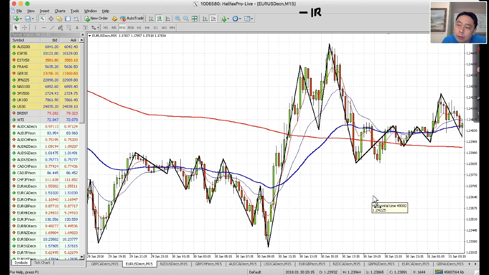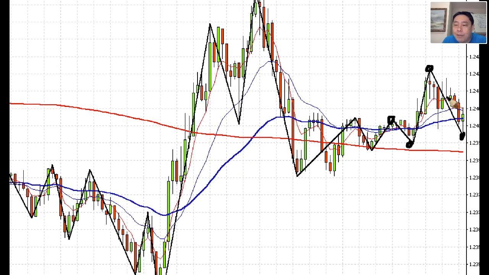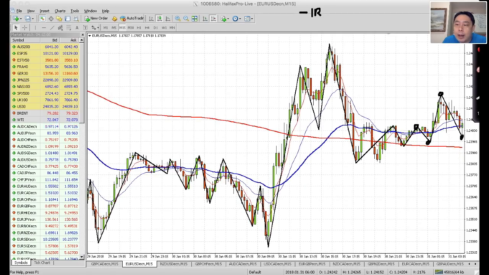Okay, hold on. Okay, there we go. So there we go, higher highs and higher lows. Right, so we have got that uptrend wave pattern. We have the moving averages in sequence, right? The smaller moving average above the bigger moving average.